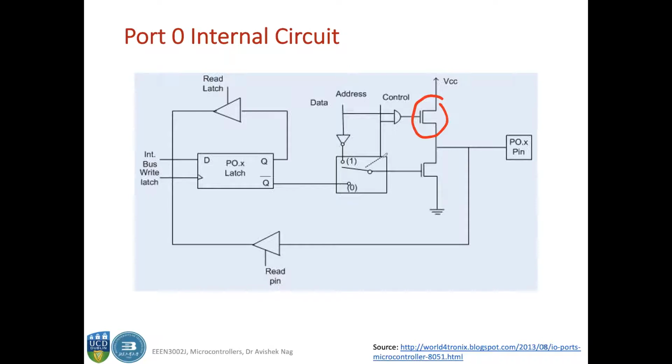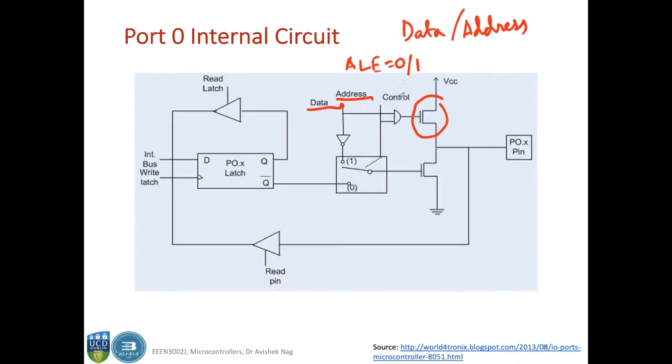And since port 0, as you saw earlier in this lecture, can be multiplexed for both data and address, you have this input here, where depending on your ALE, whether it is 0 or 1, this will contain the data or the address.